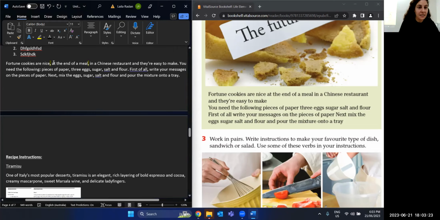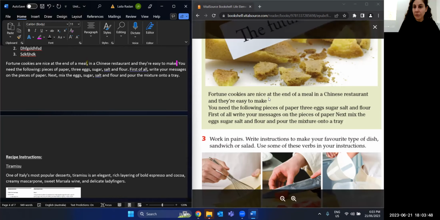A nice, sorry, no comma here, at the end of a meal in a Chinese restaurant, and they're easy to make, full stop. So full stop after make and a comma after meal.